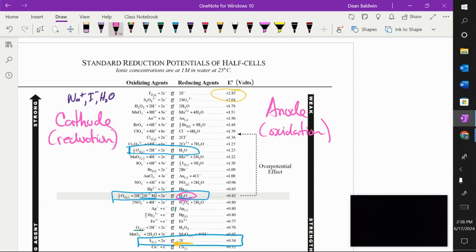If your substance isn't written on this side but is on this side, it's not going to be a cathode reaction. Right? And then when you're looking at the anode, you look at just this side, and it has to be written the way it is on here. Okay? And for the anode, you want the lowest down on the right, and for the cathode, you want the highest on the left. And that's how you pick it.